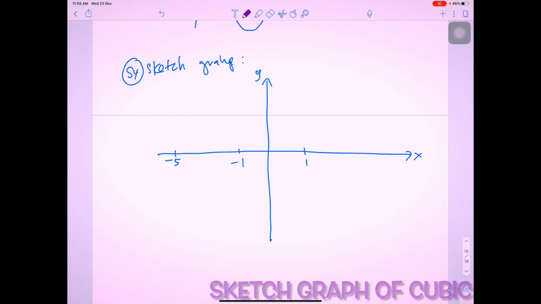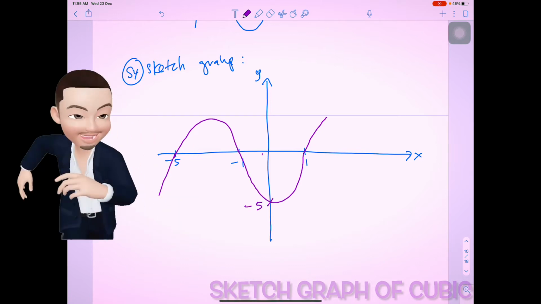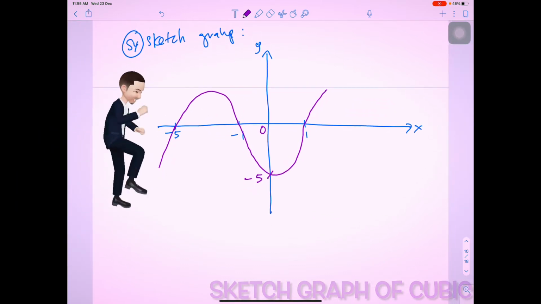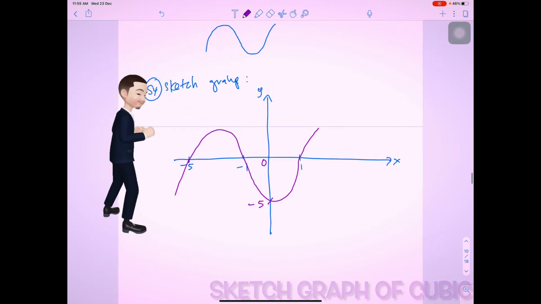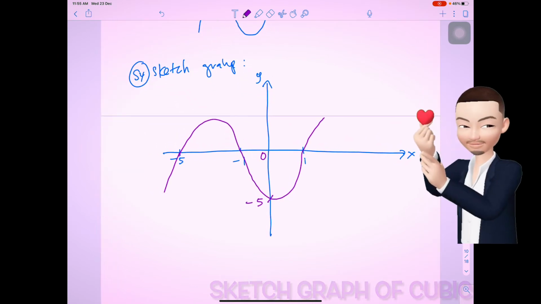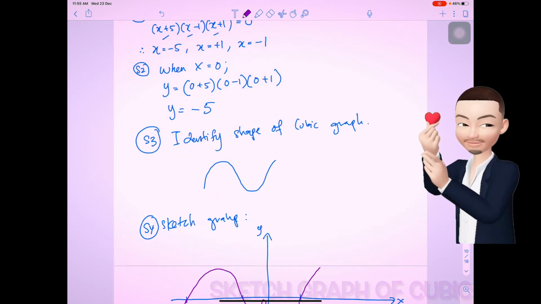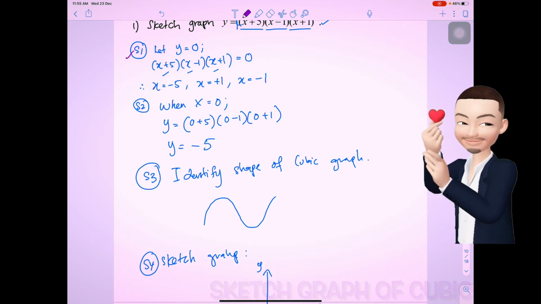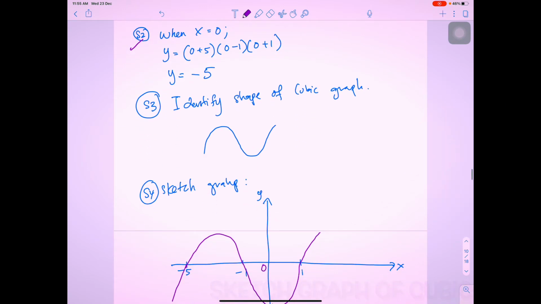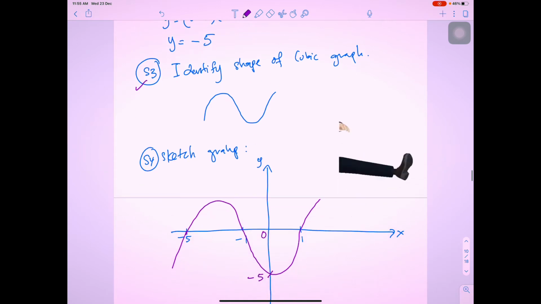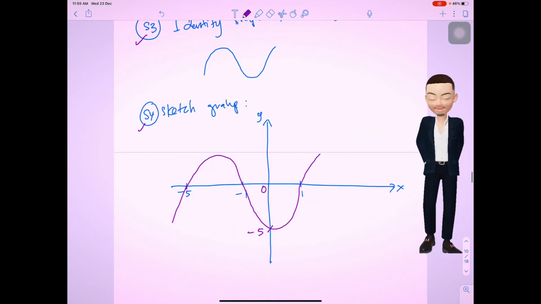Okay, so what we do is set first and then smile later. The y-intercept is equal to negative 5. Okay, so this is how we sketch the cubic equation step by step. From step 1, let y equals 0, step 2, when x equals 0, step 3, identify the shape, and the last one, sketch the cubic graph.